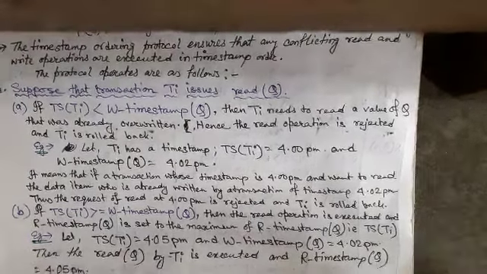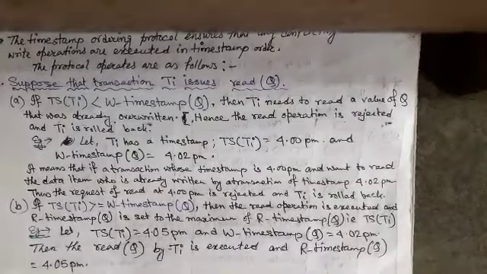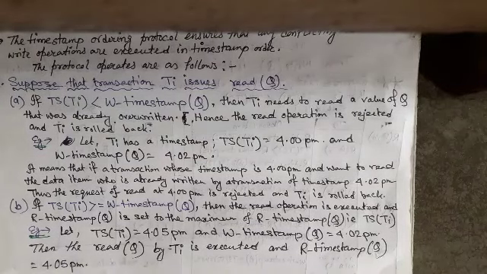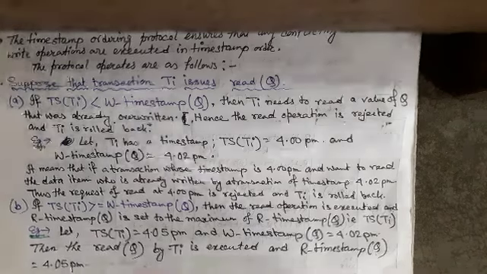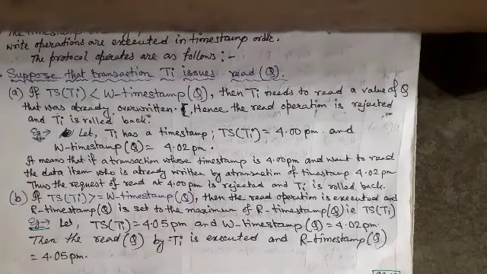If the timestamp of Ti is less than the write timestamp of Q, that means Ti needs to read a value of Q that was already overwritten. Hence this read operation is rejected and Ti is rolled back. For example, suppose Ti has a timestamp of 4 pm and the write timestamp of the data item Q is 4.02 pm.